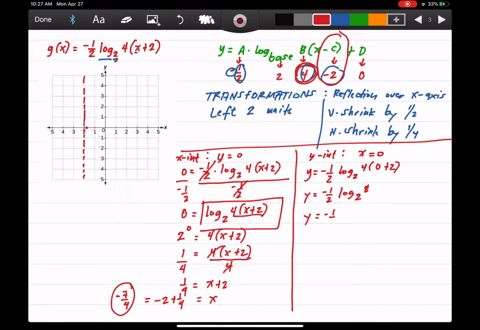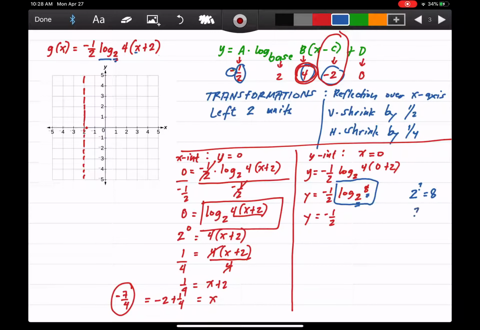So y equals negative 1/2 times, what is the value of the logarithm of 8 with base 2? You have to remember that that is an exponent, right? So what do we raise 2 to, to get 8?